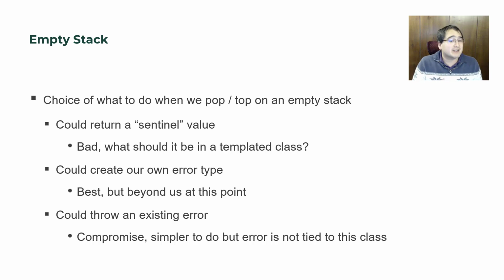The first option I considered was possibly returning a set null value. So returning a value that indicates that the previous operation didn't have any effect. However, there are a lot of problems with returning a set null value. For instance, right now our stack only holds characters, but in the future we might want to make a stack that can hold ints or strings or other vectors or something more complicated.